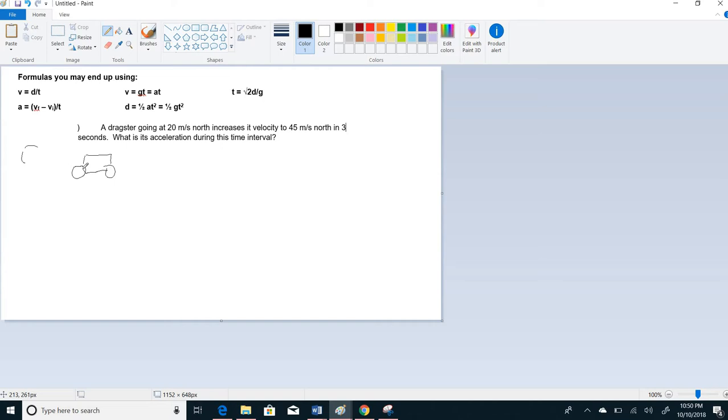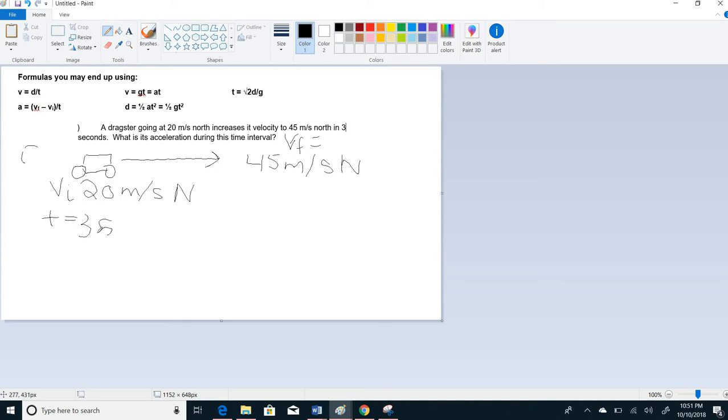So if my dragster is moving this way, and originally it starts at 20 meters per second north, and I'm just going to write a capital N for north, and then it increases its velocity when it gets to another point to 45 meters per second north, and this would be my final velocity. And then it's saying in a time of 3 seconds.